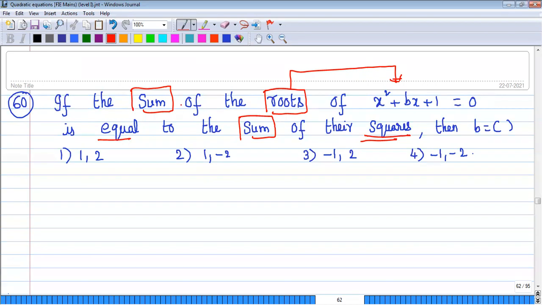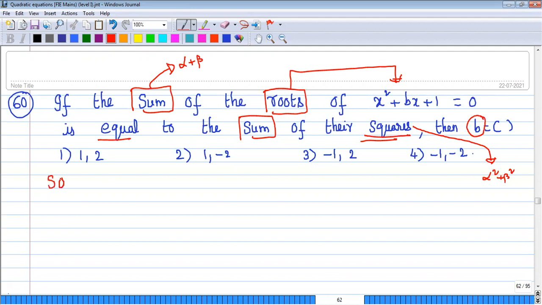If alpha comma beta are the roots, sum means alpha plus beta. Sum of their squares means alpha square plus beta square. According to the problem, alpha plus beta is equal to alpha square plus beta square. With the help of that, we need to find out the b value.